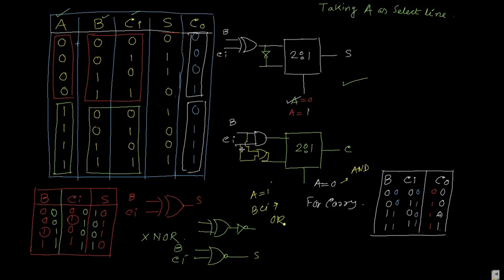Okay, so this is how we can change it, using two multiplexers we can make a full adder circuit.